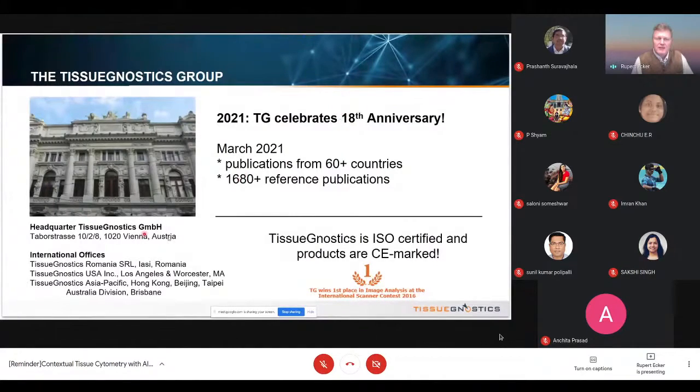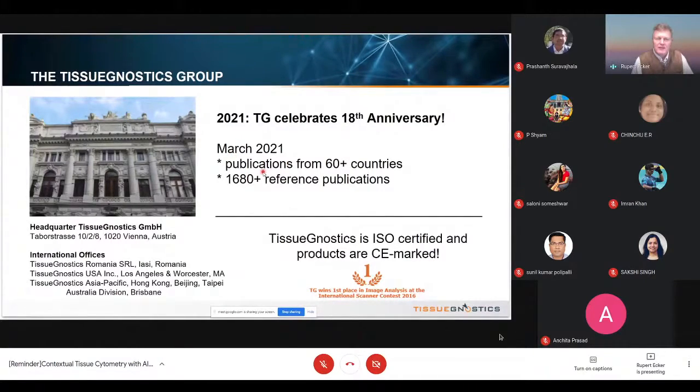The headquarters is located in the city of Vienna in Austria, so in the center of Europe. We have international subsidiaries and offices in Romania, Los Angeles, Massachusetts. TissueGnostics Asia Pacific is a registered company in Hong Kong and has offices in Beijing, Taipei, and Brisbane. What I would like to point your attention to is the fact that we now have a list of reference publications.